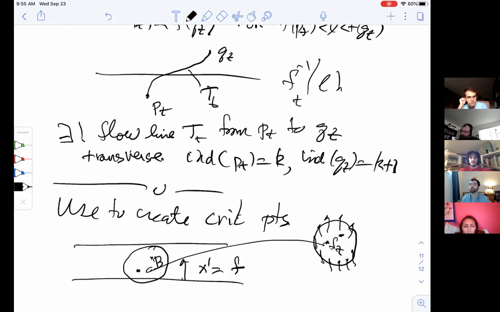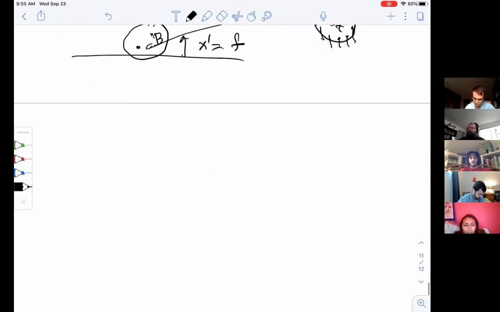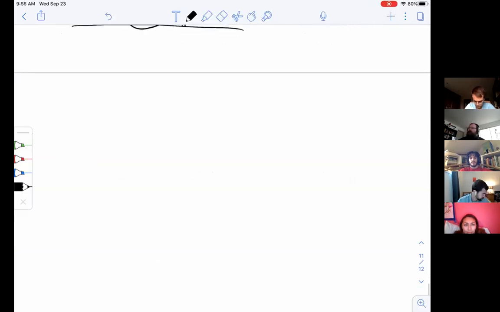And as t decreases, you're taking these 2 critical points and bringing them closer together along this line until you create a degenerate critical point, and afterwards you have no critical point. That's the cancellation lemma, and the birth is the cancellation lemma run the other way, forward to create rather than in the other direction to remove.